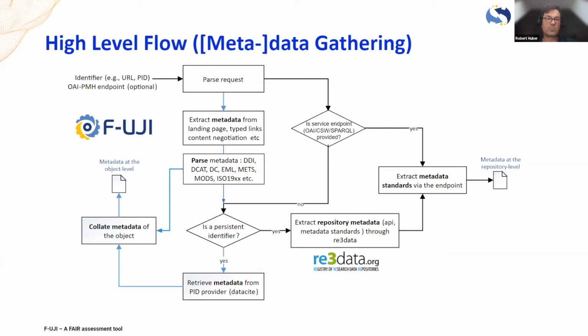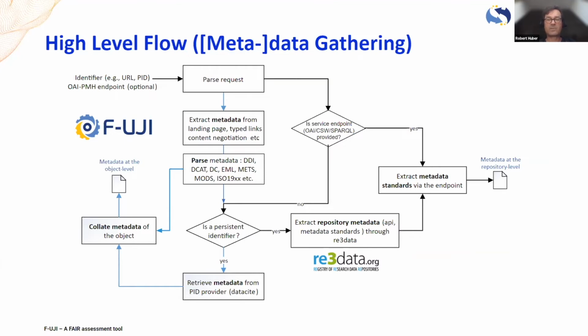Currently we support Open Archives Initiative, SPARQL, or the OGC Catalogue Service for the Web standard. Based on the identifier, FUJI tries to resolve to the landing page, or whatever the PID resolves to, and tries to extract metadata from there.